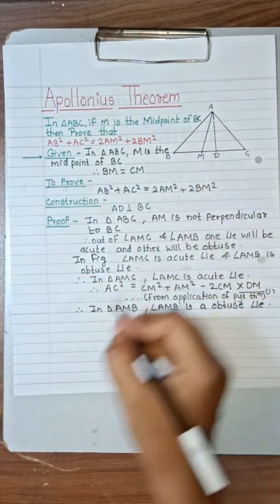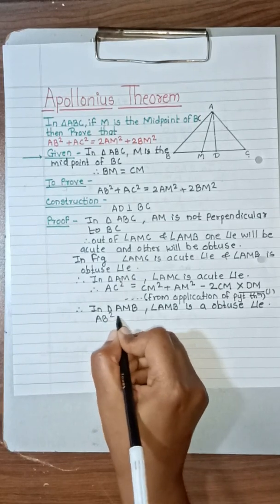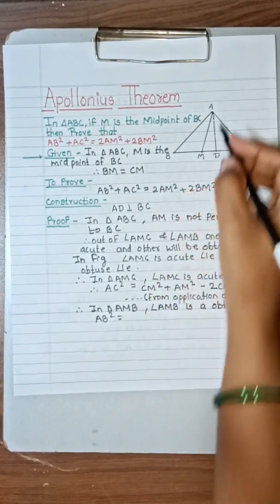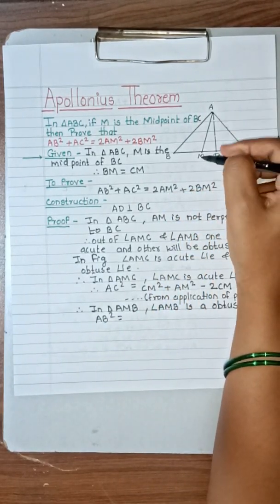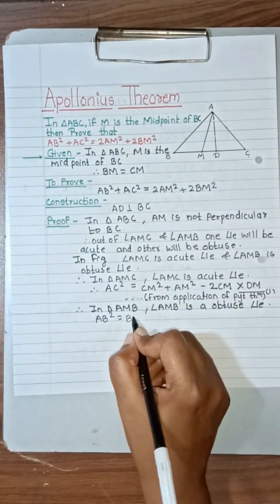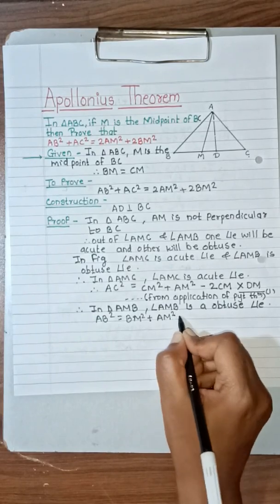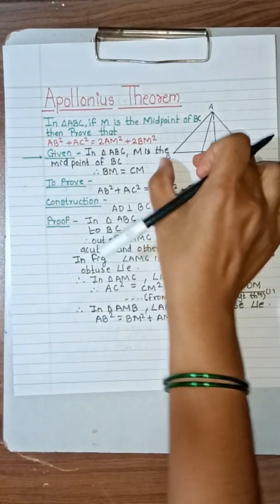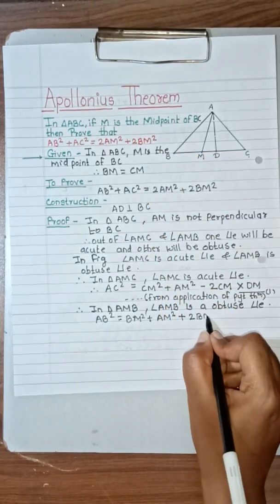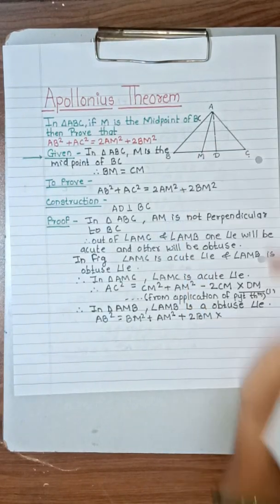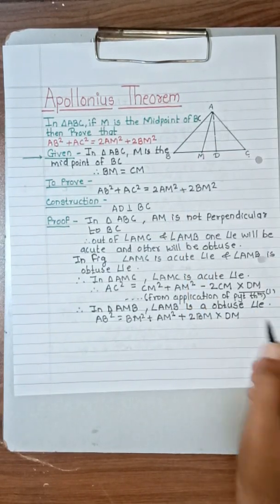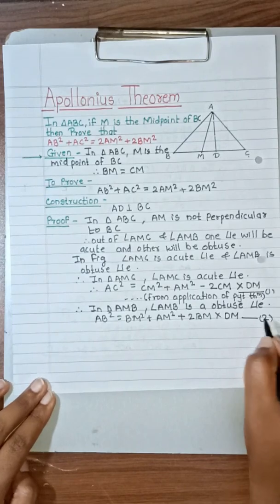That is AB square is equal to BM square plus AM square plus twice BM into DM. Now this is equation 2.